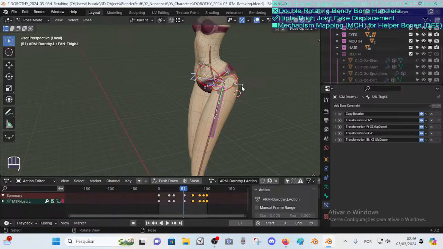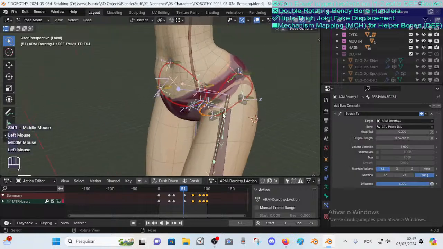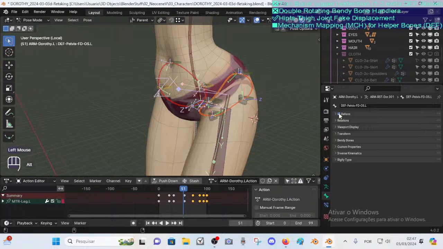I believe this is clever, because if I separated that into several different deformed bones, I would be doing just as I did here. It's not bad, but it can cause problems, because we are using a lot of blended weights, and it's very easy to have problems with that.